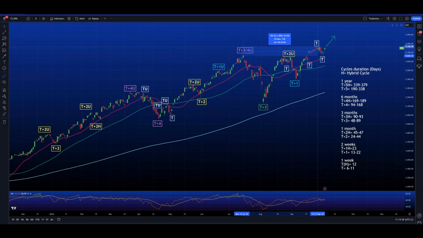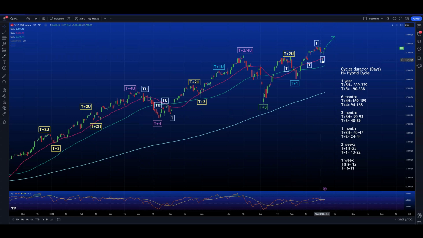Because here we have 53 bars, and the T+2 is, if we return back to the tops within the next week, we will have 31 bars. So you have to be aware of eventual risk that we can have by next week or end of next week.